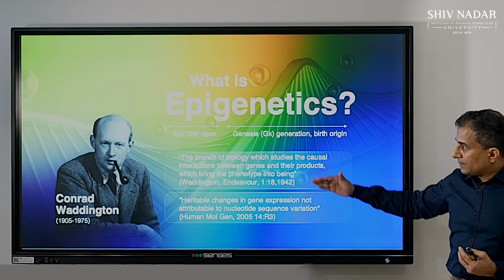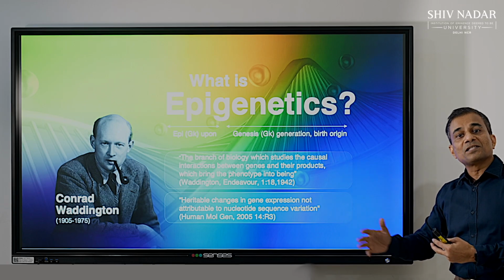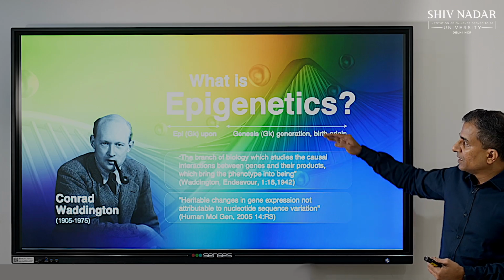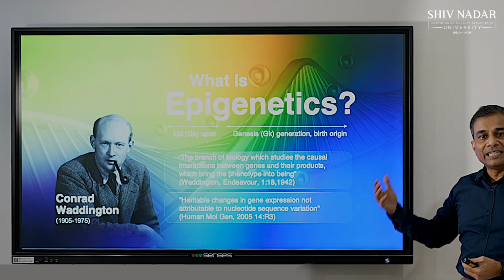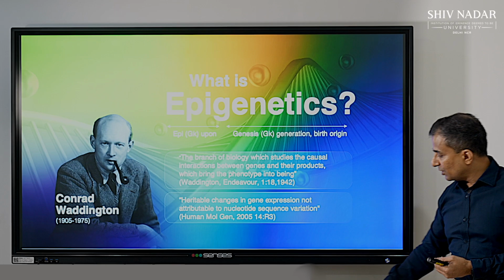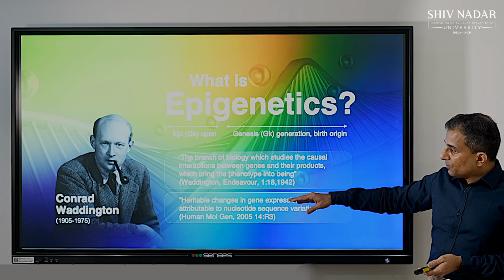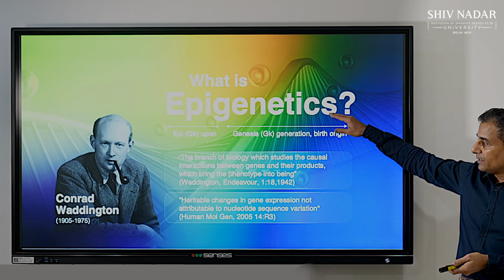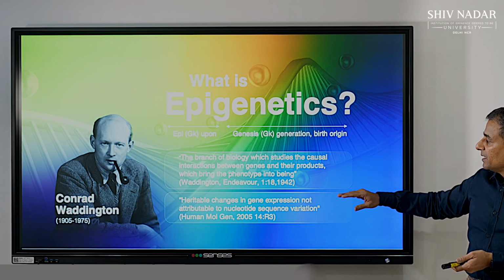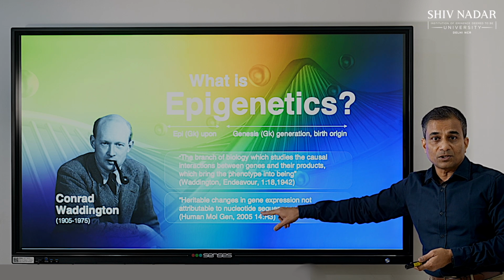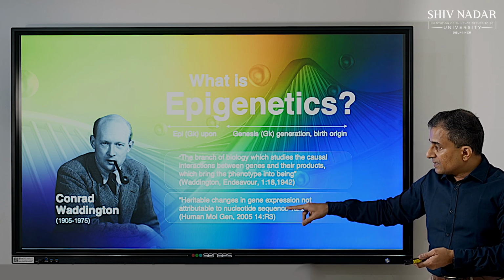But the transition from genotype to phenotype is the most complicated transition in nature, and that's exactly what we have now tried to understand through an epigenetics lens, which is the beauty of what we are able to understand in modern biology. In other words, heritable changes in gene expression which are not attributable to nucleotide sequence variation, meaning the alphabets that I talked about when I showed you the genes, is essentially epigenetics.